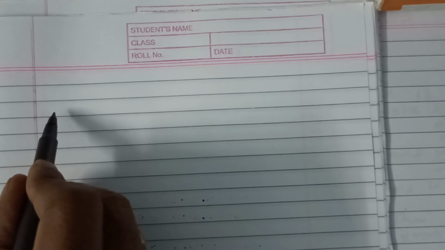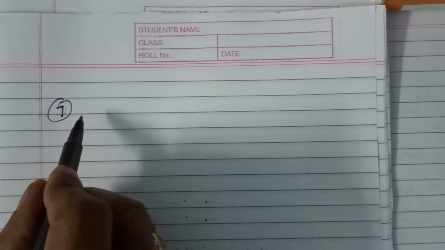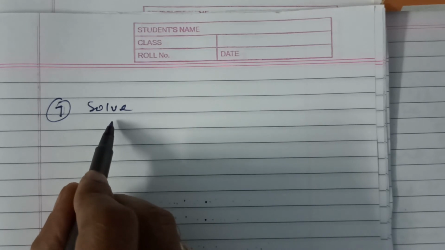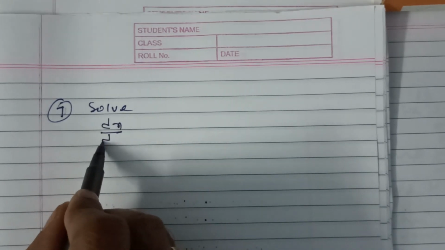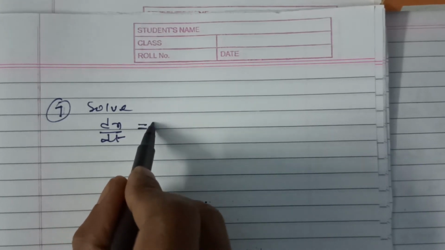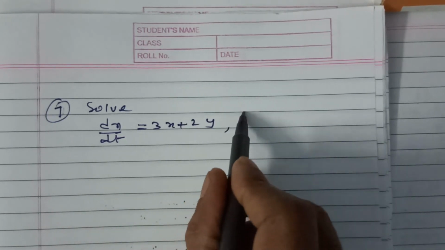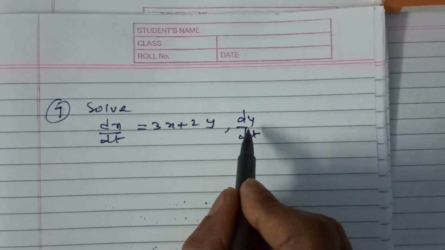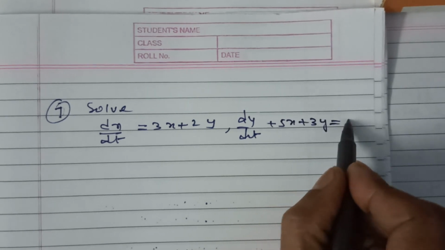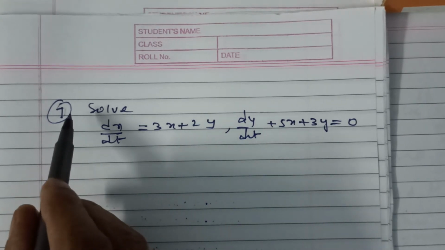Right. In continuation, 7th problem. Solve dx/dt = 3x + 2y, dy/dt + 5x + 3y = 0.